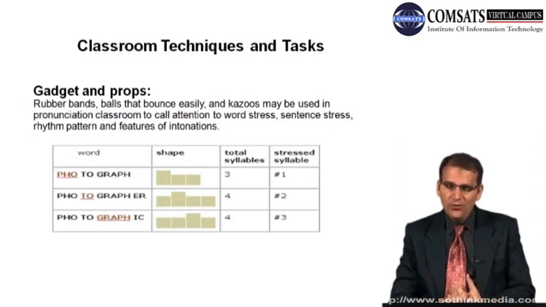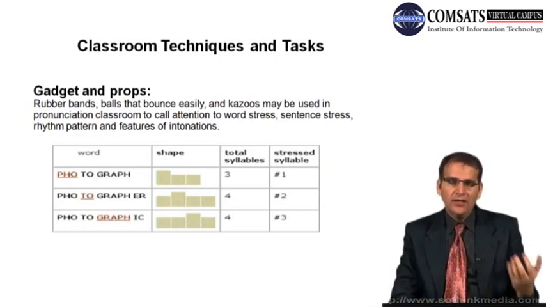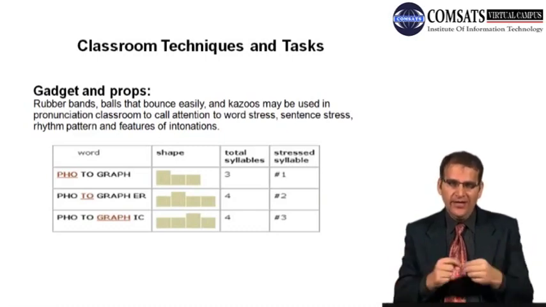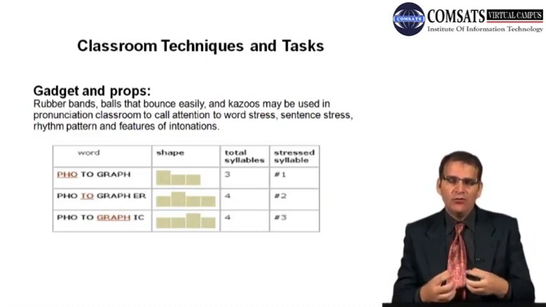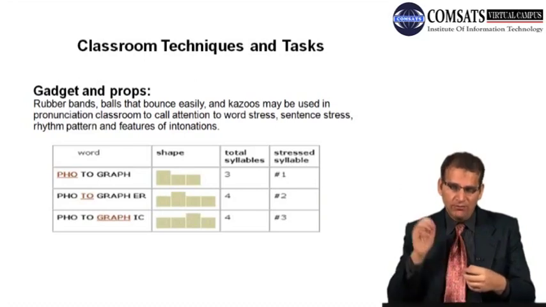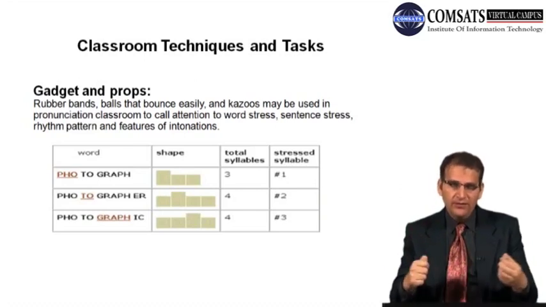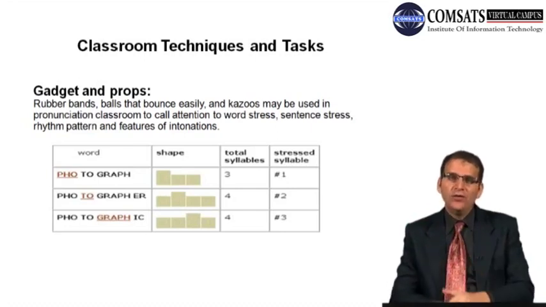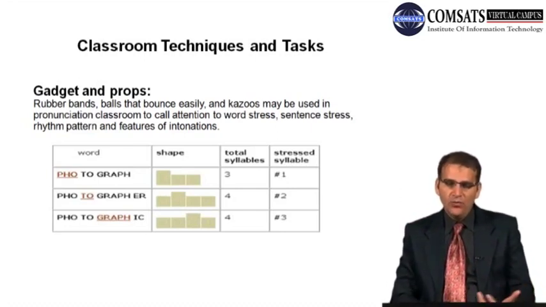So of course you can bring kazoos. You can bring a ball in the class, talking about the stress, or a rubber. Fine. So these can be brought in the class to show that, of course a ball you throw, a rubber, or a kazoo, of course an instrument. I'll show you that. So these are what you can use, rubber bands, a ball that bounces easily.